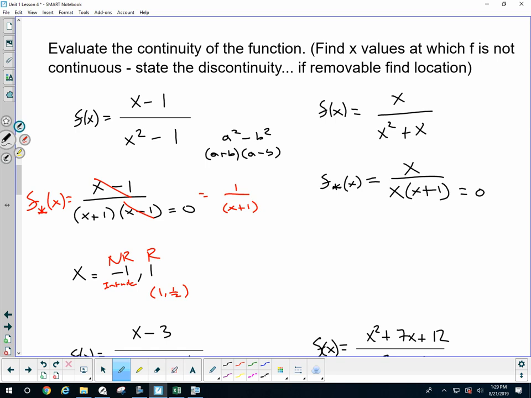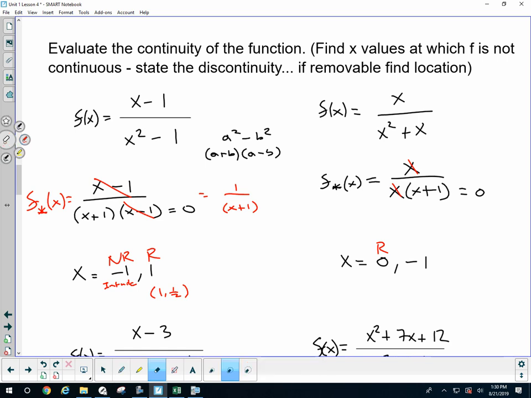Factoring allows me to easily see visually when my denominator equals 0. My denominator will equal 0 at 0 and at -1. I can see here if I plugged in 0, I'd get 0 over 0. I can also see that I can remove those x's, which is telling me that's my removable discontinuity.